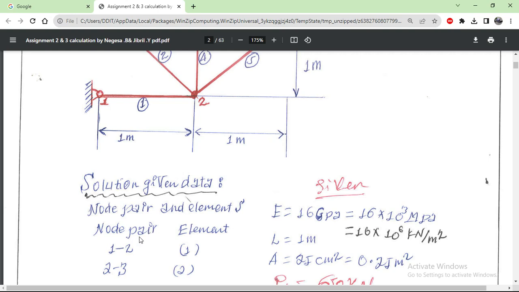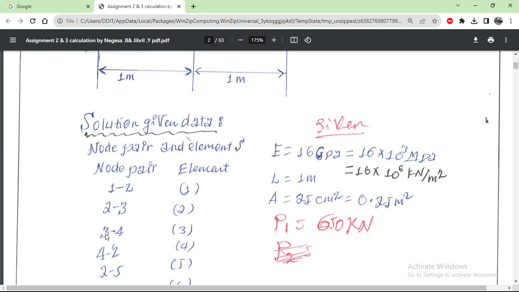Node pair means node number 1 to 2, which we take as element number 1. Node 2 to 3 we take as element number 2. Node 3 to 4 we take as element number 3. Node 4 to 2 we take as element number 4. Node 2 to 5 we take as element number 5.